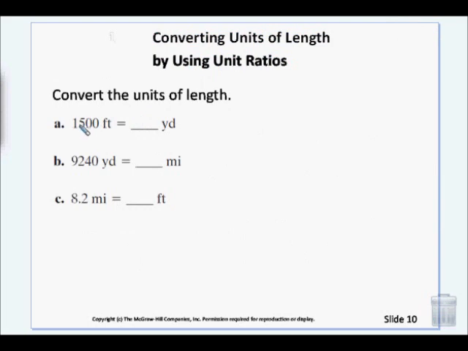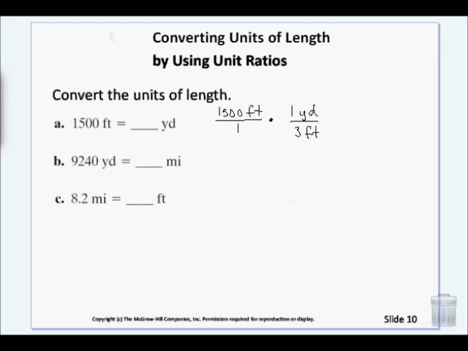Okay, so I want to go from feet to yards. I am starting out with 1,500 feet, and I just put that over 1. Whatever you start with, you always put over 1. And I'm going to multiply that by, for every 1 yard, my conversion factor is 1 yard is 3 feet.